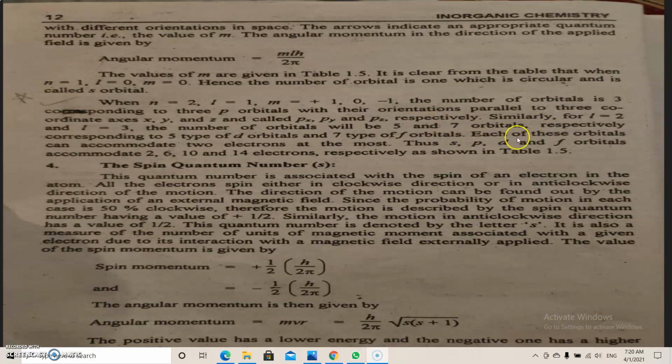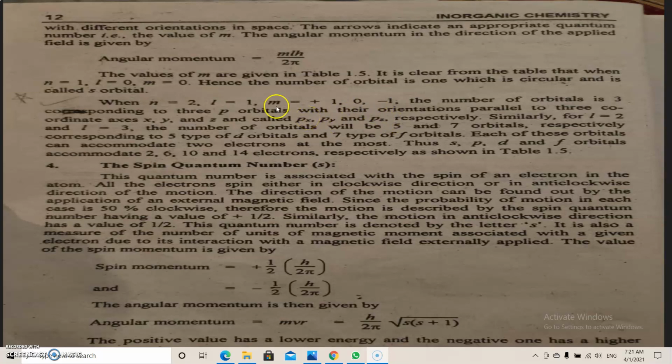And each of these orbitals can accommodate 2 electrons. Like if these degenerate orbitals, the suborbitals px, py and pz are here, the maximum number of electrons which can be accommodated in px is 2, in py it will be 2, and in pz it will be 2. So if you count 2 plus 2 plus 2, that is 6.